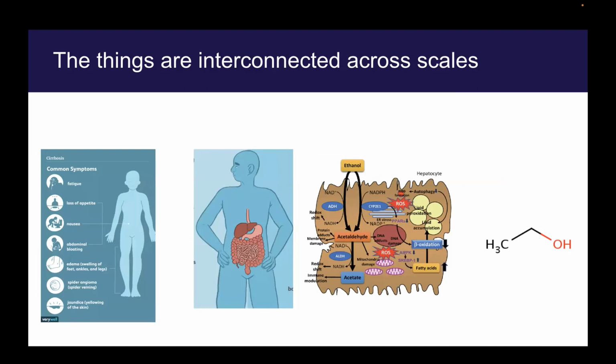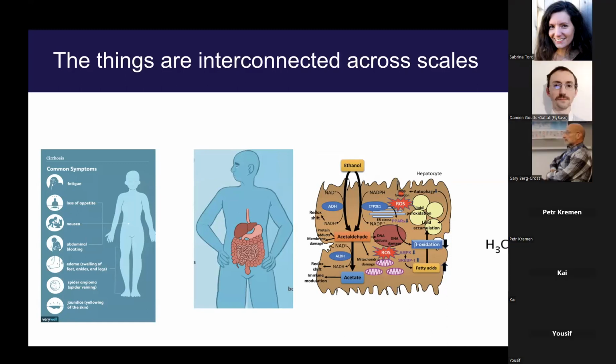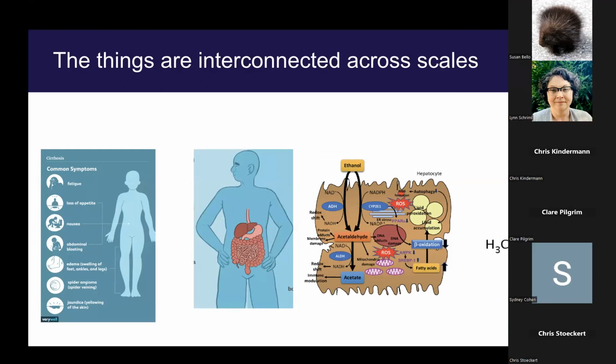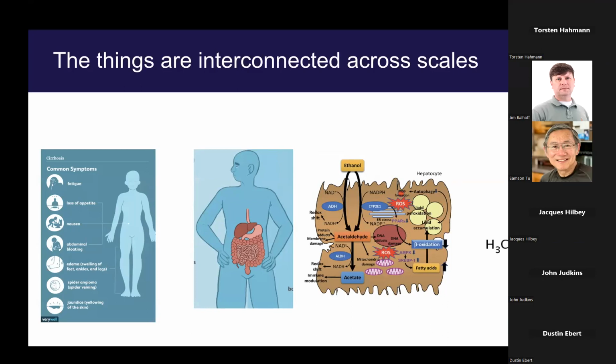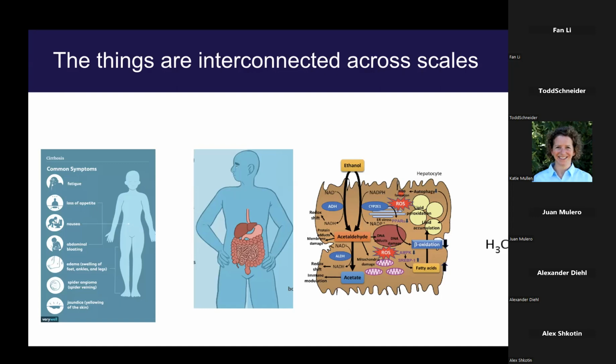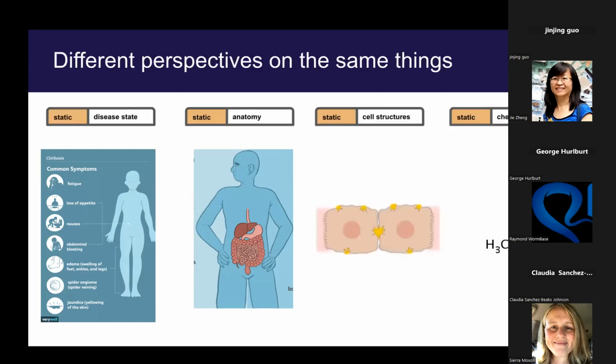We often like to look at how things are connected across scales, right from the chemical level through to individual chemical entities like alcohol or ethanol, up through cells, through whole organs and organ systems, and look at how those give rise to health in humans and other organisms, and how health can be dysregulated. So a lot of different things at different scales.